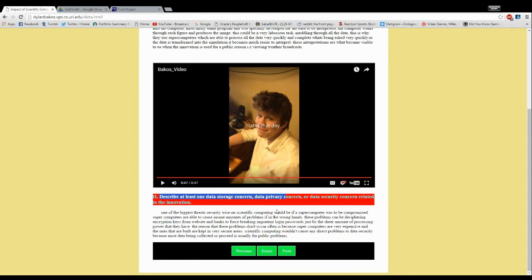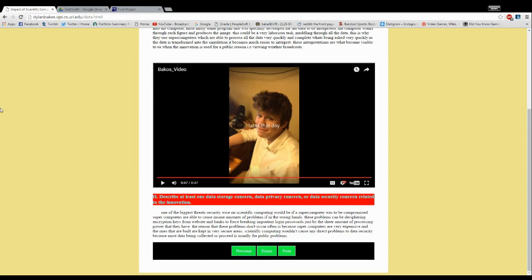Describe at least one concern about the innovation. And with scientific computing, there's no straightforward data storage or concern like that. There really wouldn't be a situation where data would be compromised in any way.